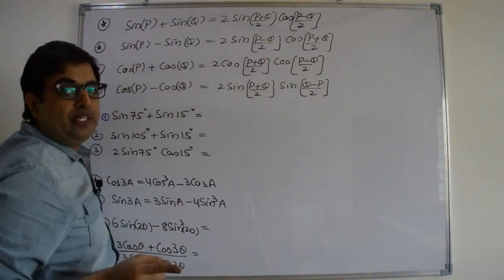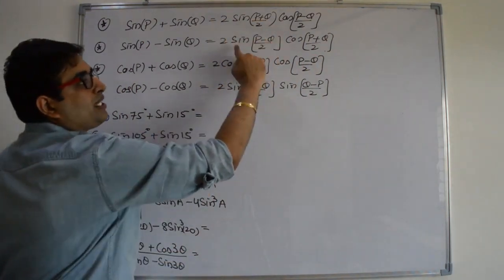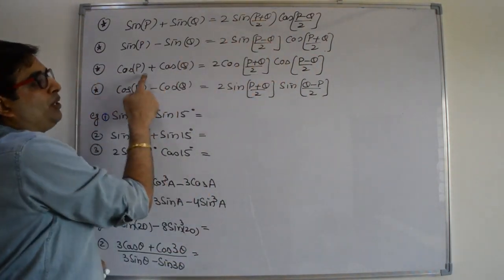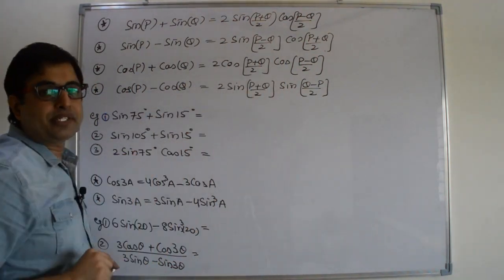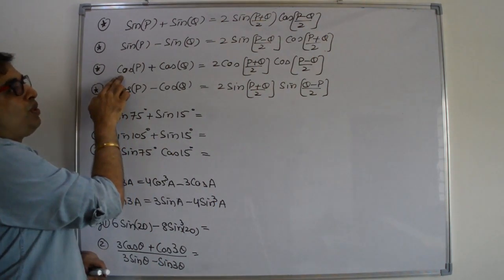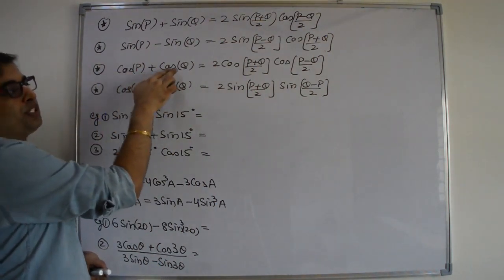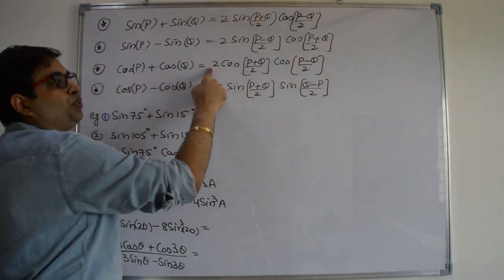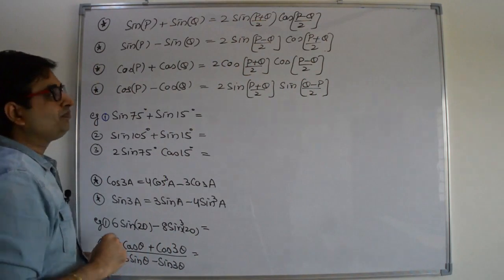Right? I told you earlier that in sine formulas you will see sine and cos in multiplication, but in cos formulas you will see cos cos or sine sine in multiplication. So cos P plus cos Q is equal to 2 cos((P+Q)/2) cos((P−Q)/2).